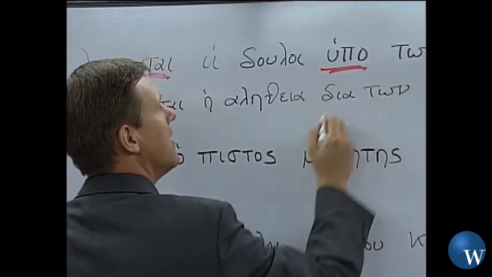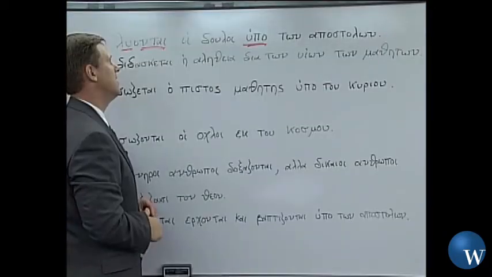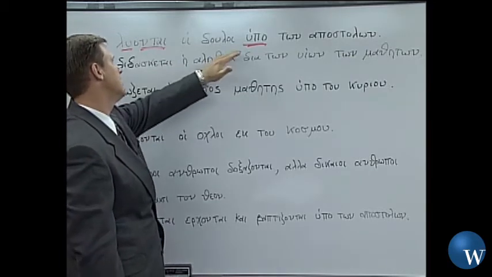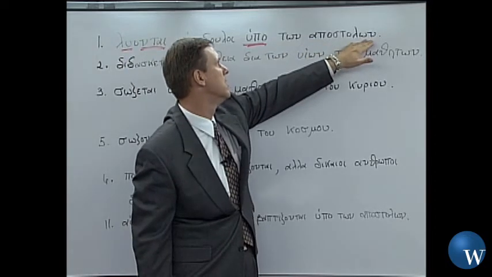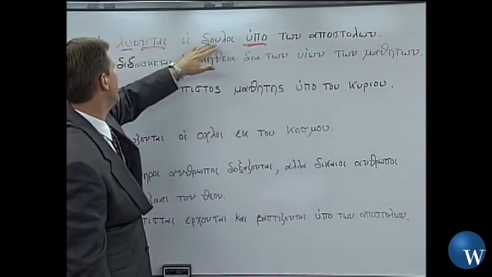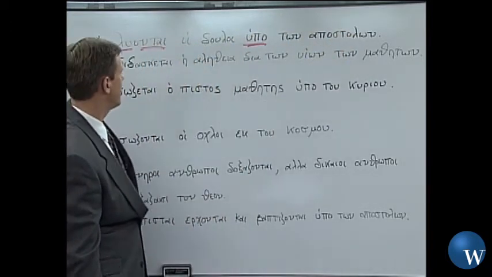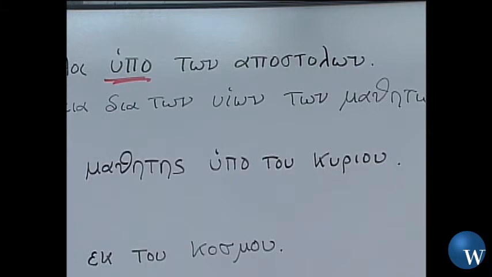Remember we said this has reference to the immediate agency, or the immediate agent, which is the apostles. See the plural? Ton apostolon, the plural. So the slaves are being loosed by the apostles. There you go. That's the middle or the passive element of the nature of this verb here.